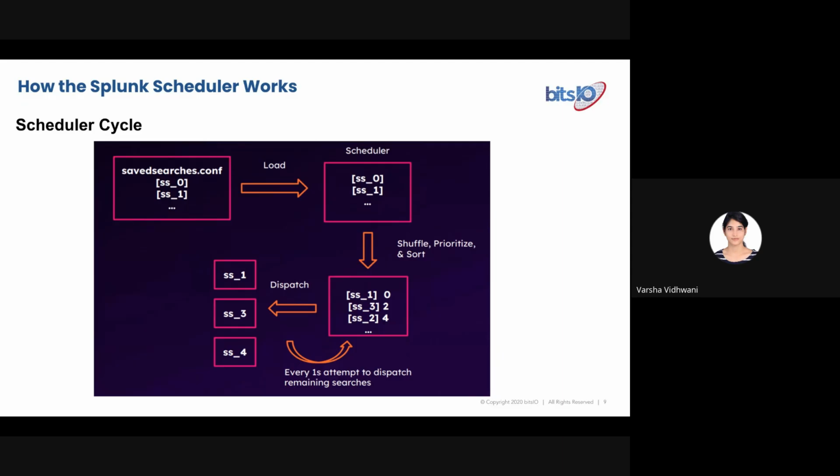It will continue dispatching those searches. For example, if we have around 10 searches to run in a particular minute, it will try to execute as many as possible until it reaches the end of that minute. This gives extra opportunities to run searches if resources free up before the next cycle starts.